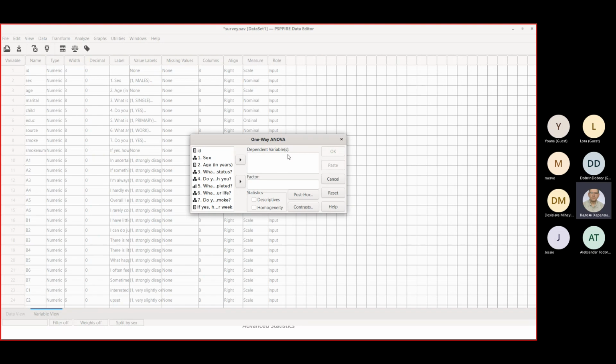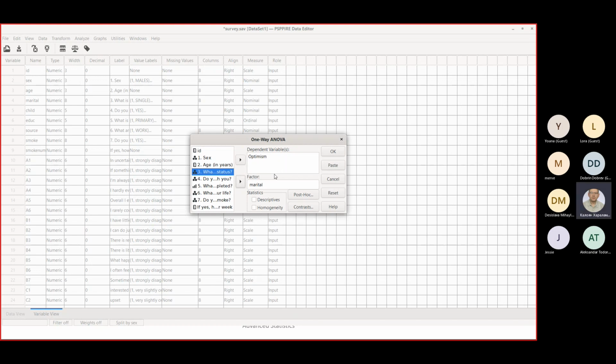And then dependent variable is optimism. And factor is Marital status. Here we have different fields for dependent variable and for independent variable.